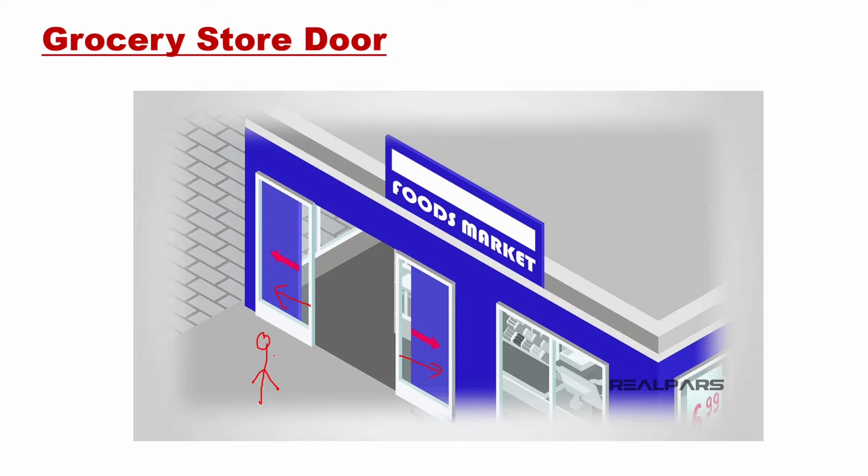That means when the object comes and stands in front of the door, it is sensed by the sensor of the system, and after the sensor senses that there is an object present here, that input will be given to the controller, where a particular algorithm will be processed and executed, and the executed algorithm will give the output signal to the actuator.